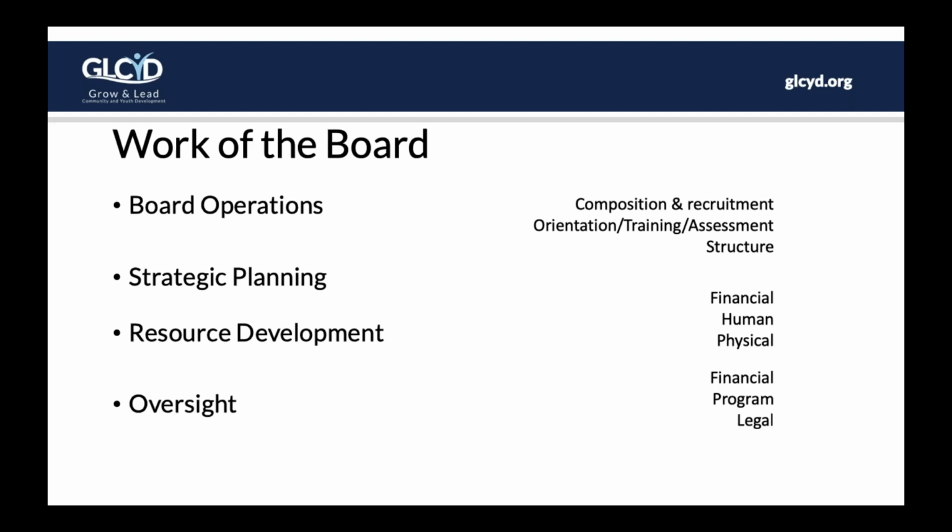Well, I mentioned this a couple times already, but again, the work of your board is oversight. So a big one is providing financial oversight. If you're responsible for helping find the money and get the money, then a big part of your responsibility is making sure that it's being used correctly. So you want to make sure that legal and ethical integrity and accountability are happening when it comes to your finances.